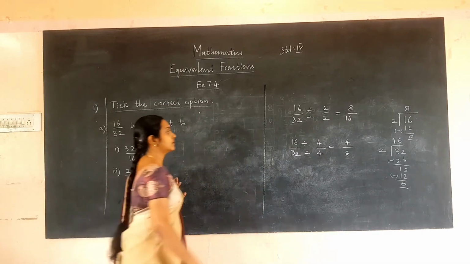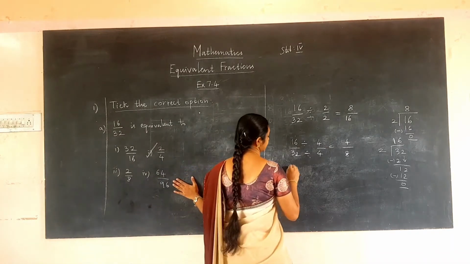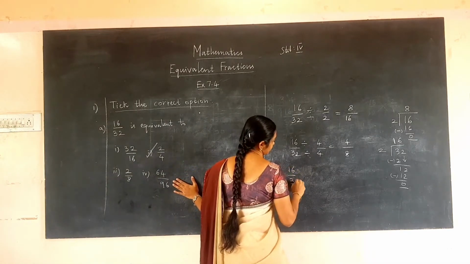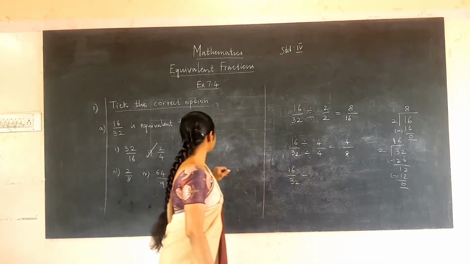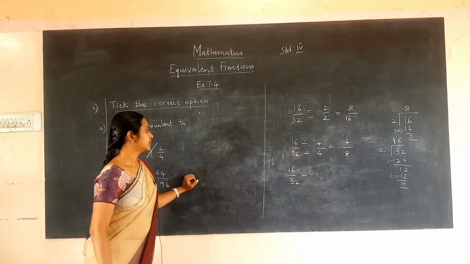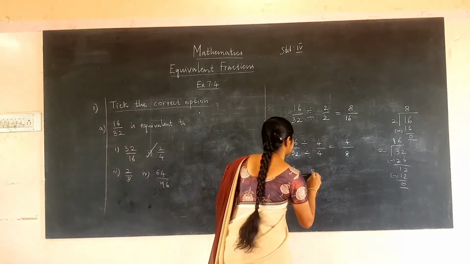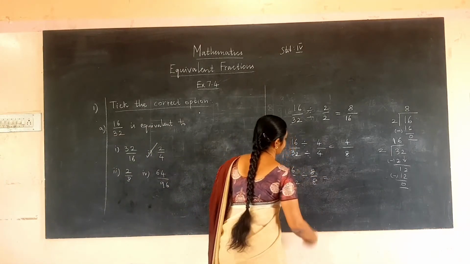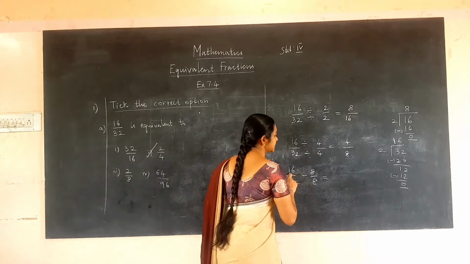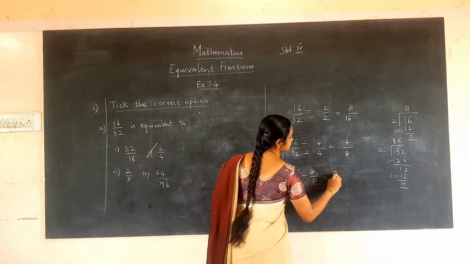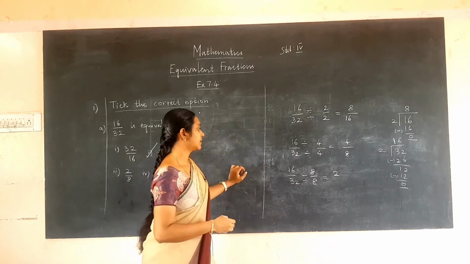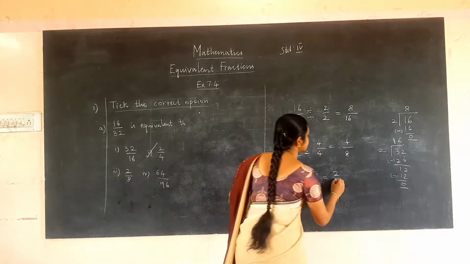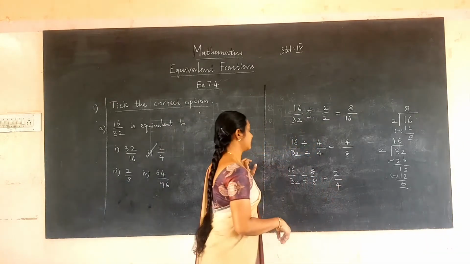So, let us reduce again. Let us reduce with 8. 16 divided by 8 is 2 and 32 divided by 8 is 4.